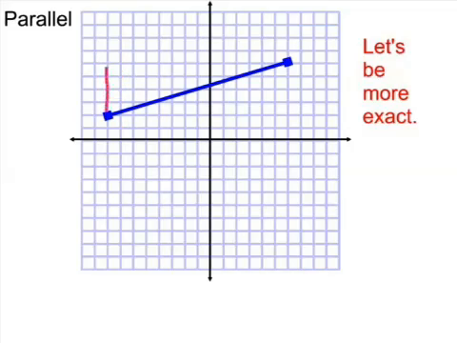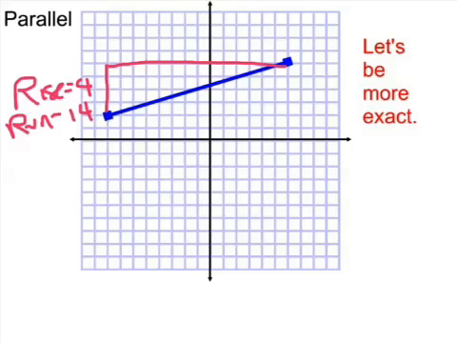It goes up 4, so that's the rise here, and then the run to that point would be 1, 2, 3, 4, 5, 6, 7, 8. 8 plus 6 is 14, so the run is 14. So the slope here of the blue line is 4 over 14, which is 2 over 7.